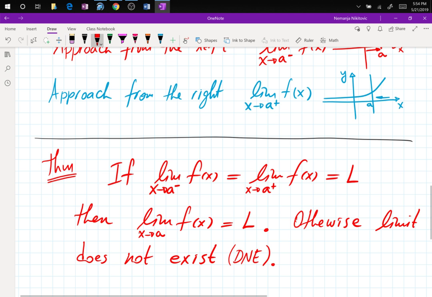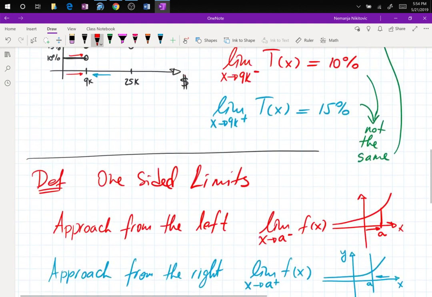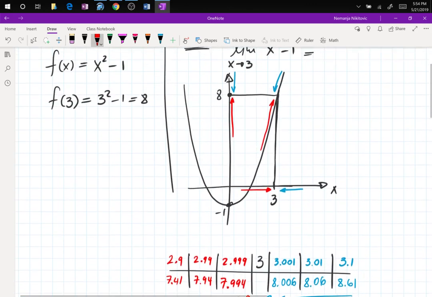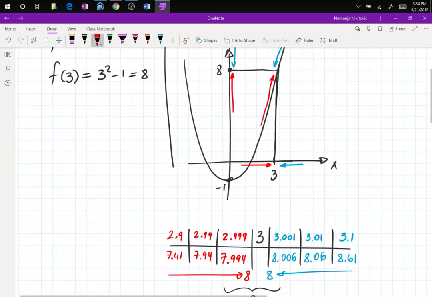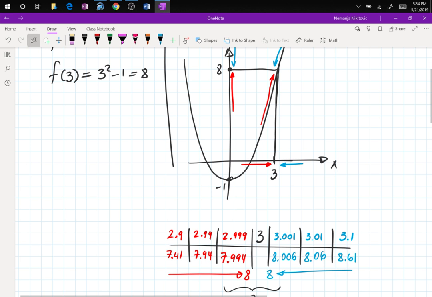What you see here in this theorem is what we have done in the previous two examples. I'm going to go back to our very first example here and show the picture and the chart at the same time.